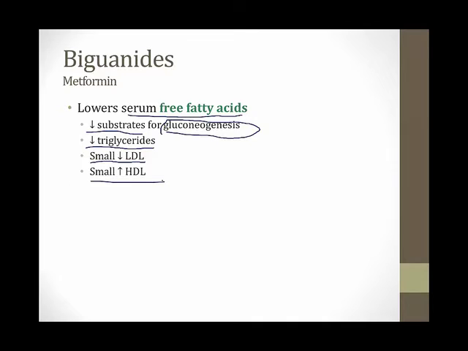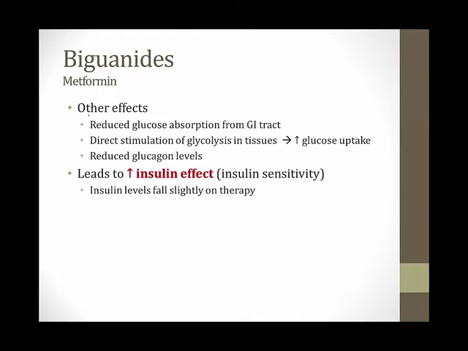Metformin also has some other effects which can lower the serum glucose level in diabetics. It leads to reduced glucose absorption from the GI tract. It has a direct stimulatory effect on glycolysis in tissues. This leads to increased utilization of glucose and therefore lower plasma levels. And in addition, metformin leads to reduced glucagon levels, and as you may know, glucagon raises the level of serum glucose.